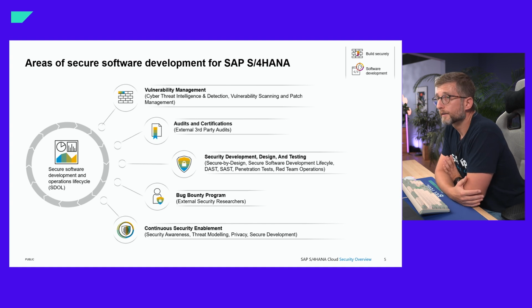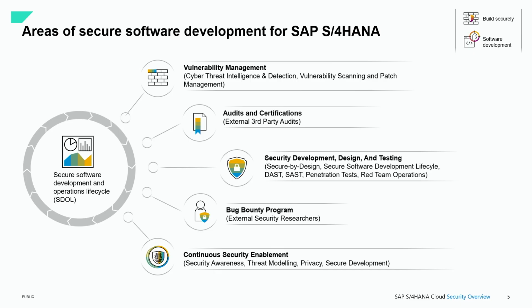Some areas to highlight of secure software development here for SAP S/4HANA Cloud Public Edition. Let me start here at the bottom of the slide. What I said before, developers have the possibility to go through dedicated training, for example, regarding threat modeling, how to conduct such a workshop, and how to create useful findings that can be used in the further development stages.